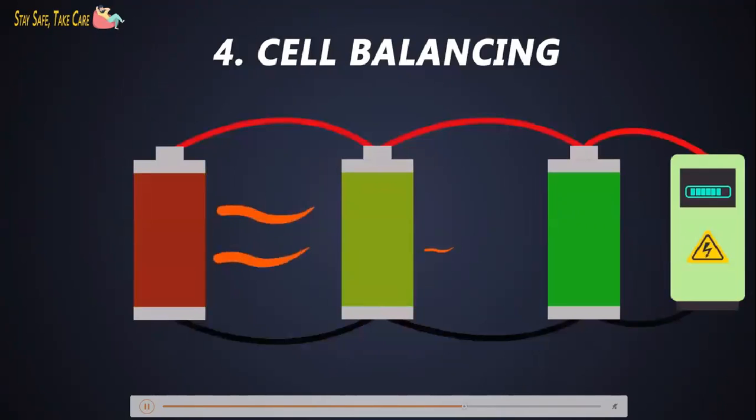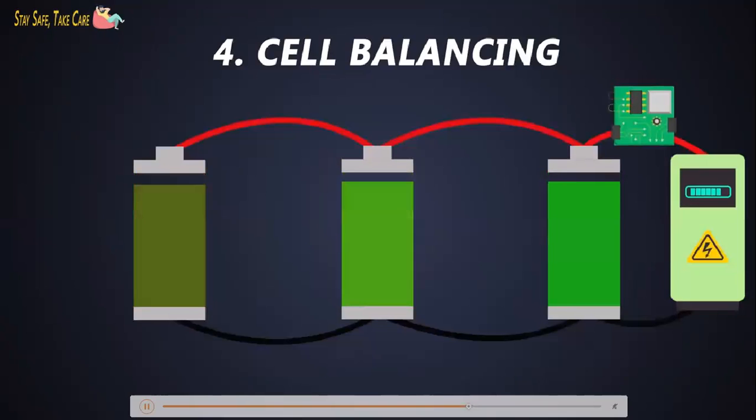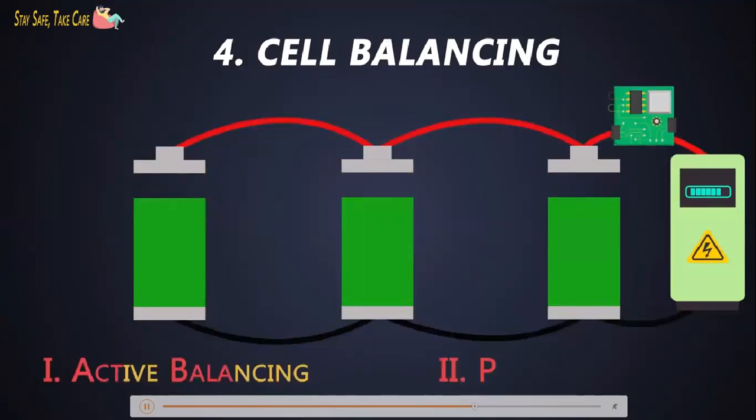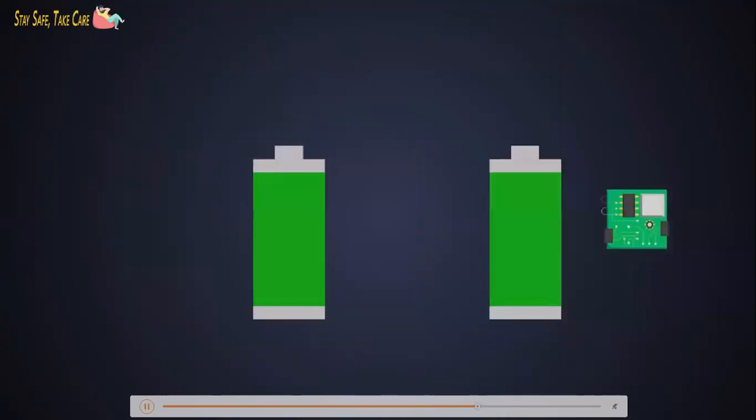Weak cells may get overstressed and become even weaker until they eventually fail, which causes the whole pack to fail prematurely. So to avoid this, BMS has to provide cell balancing.